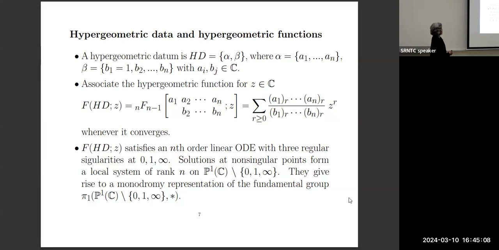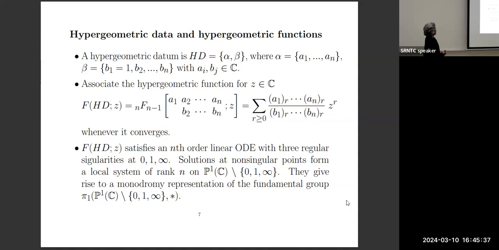That's where this n-1 comes from. We collect the first row, the A's, and call that alpha, and the B's with B1 equal to 1, call that beta, and put it together. This is what we call a hypergeometric datum, and this n is called the length of the datum.